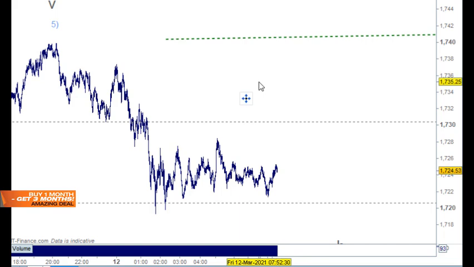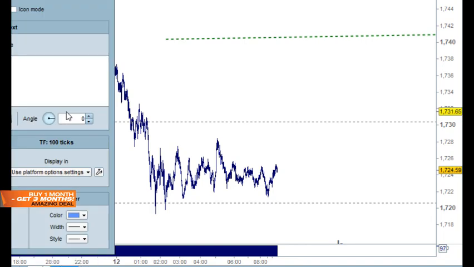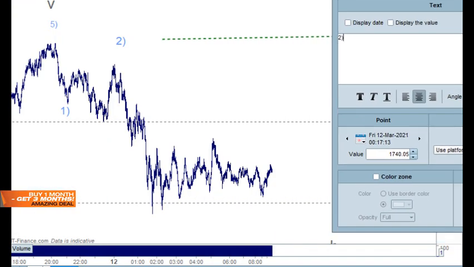Well, I think it goes like this, so we can make adjustments for not really seeing the 5 waves come down here.